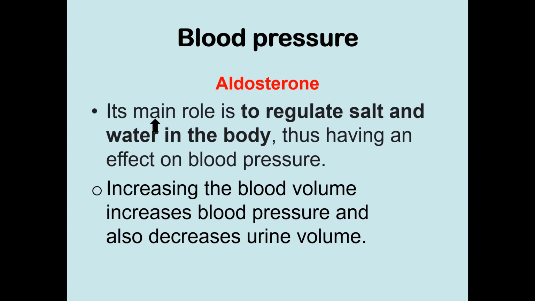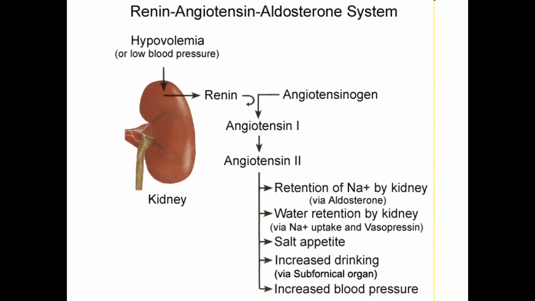So it depends on the situation, of course. So let's go through this. Hypo means low volume, so low blood pressure. If that's the case, renin is produced, that's an enzyme, and it converts angiotensinogen to angiotensin 1.